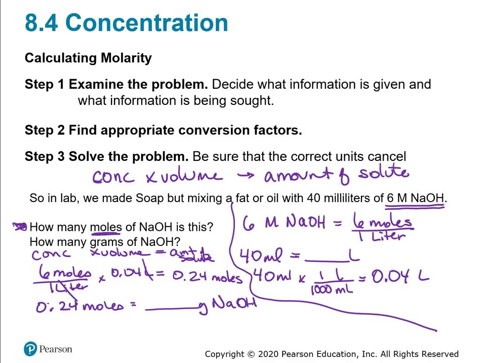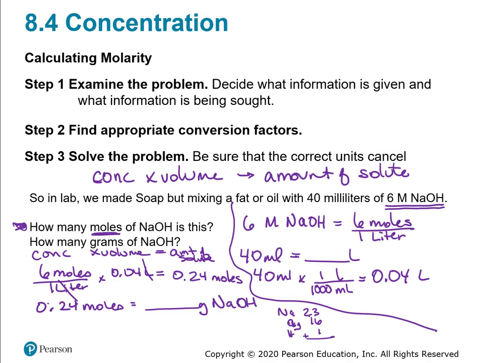If I know moles, I can figure out how many grams that is. So if I want to do moles to grams, I have to figure out the formula mass. So you got to look at your periodic table. Sodium, we said, is 23. Oxygen is 16. And hydrogen is 1.